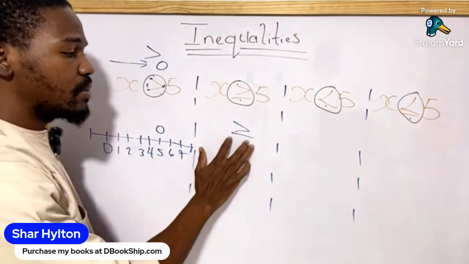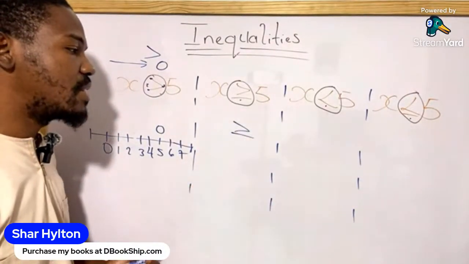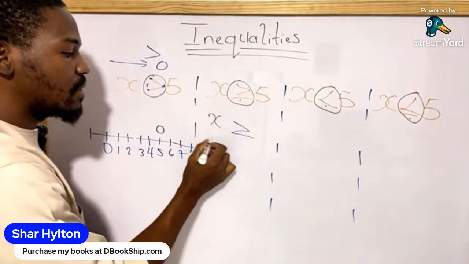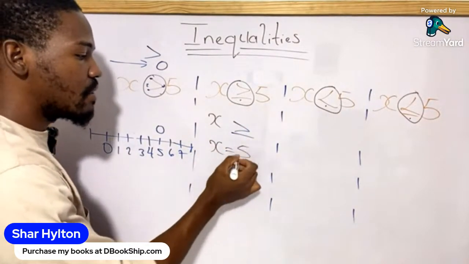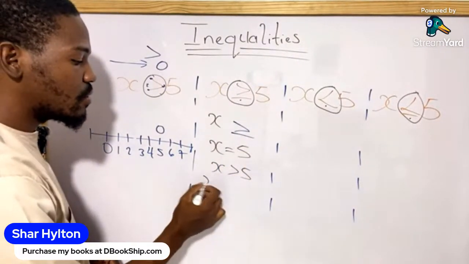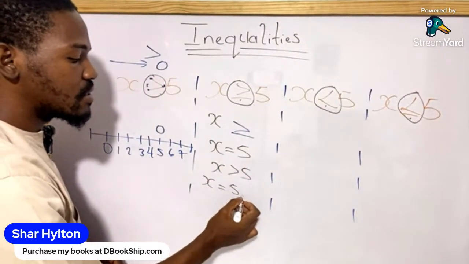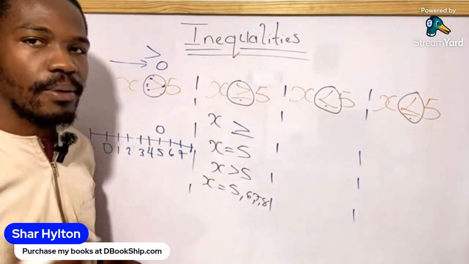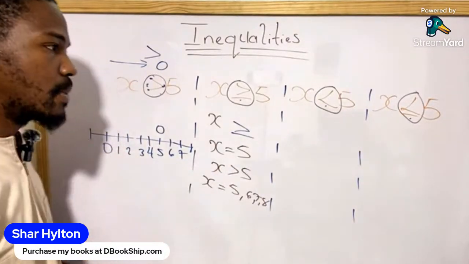An inequality with a line under it is simply telling me that x can equal 5 or x is greater than 5. So x could equal 5, 6, 7, 8. It could equal all the way up to infinity, right?